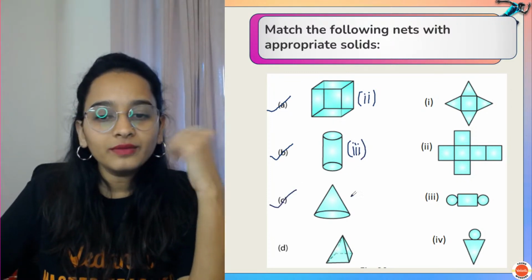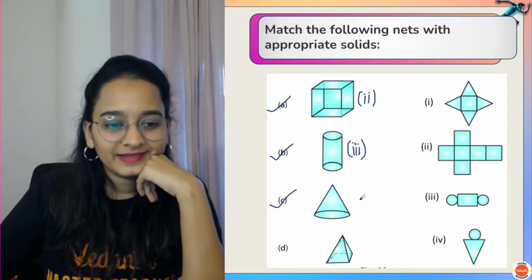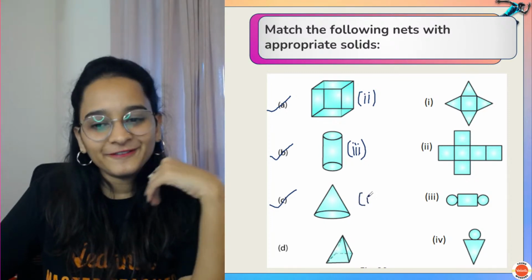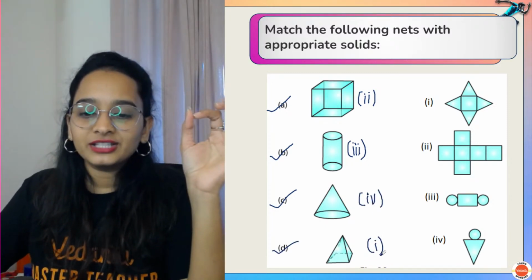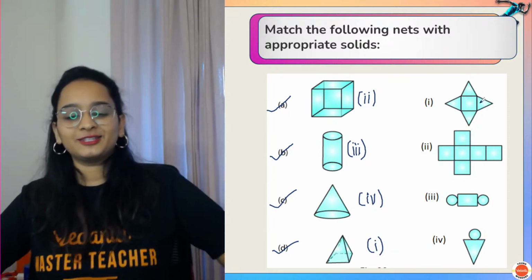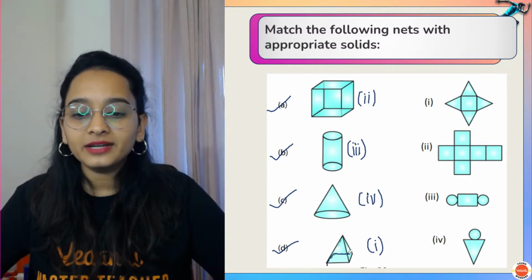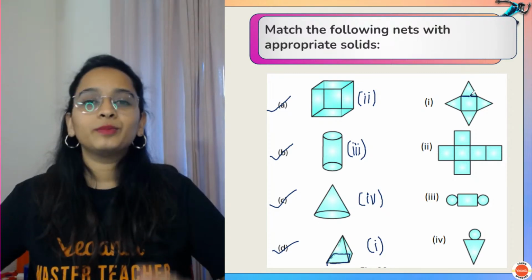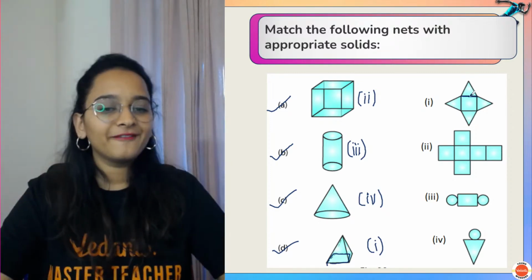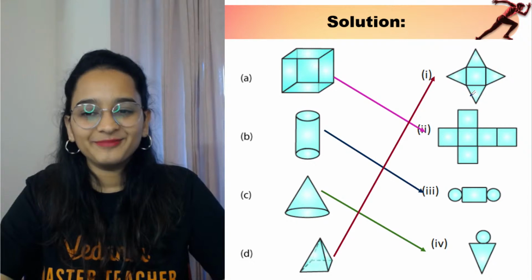And then your cone will be matching to 4. And your pyramid will be matching to the first one, because it's a square pyramid. The base is a square, and from every side there would be a triangular face. Very nice, everybody.